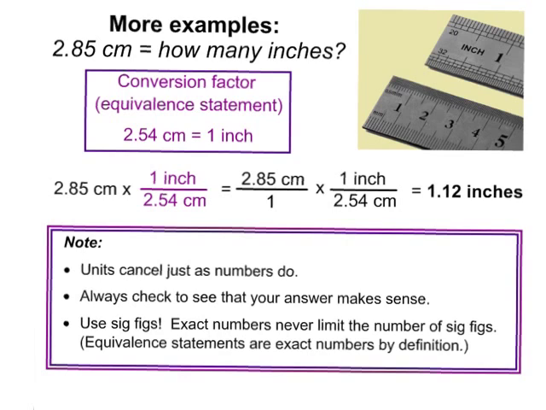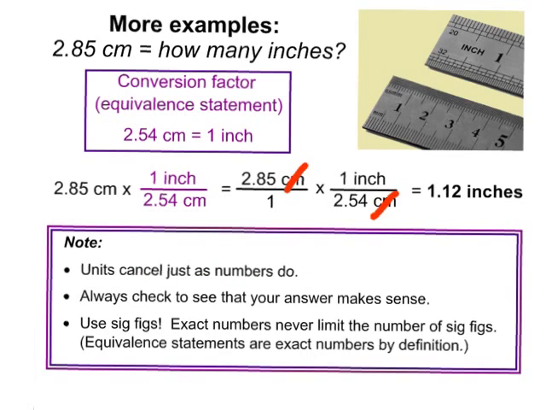And once again, I'm seeing that centimeters cancel out, okay? And I can go ahead and multiply across 2.85 times 1 inch and divide the whole thing by 1 times 2.54. When I do that math, I get 1.12, and the only units I have left are inches, and that all works out.